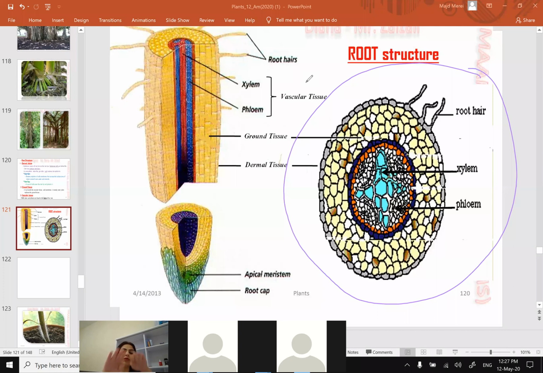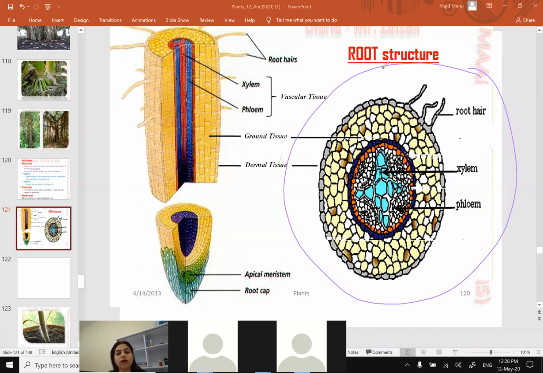Dermal tissue is always found where? Within the outermost layer. So this gray color here, can you notice it? It's one single layer. Notice the thickness of it. Only one cell thickness. This is the dermal tissue. In a cross section, the outermost layer is the dermal tissue.